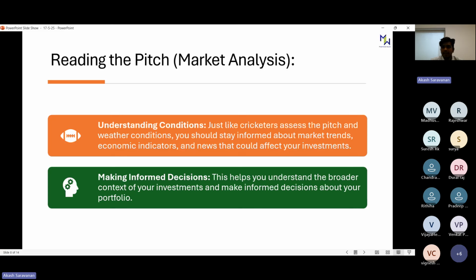Another thing is, mainly, in investment or cricket, you need to do a thorough analysis, like market research, be it reading the pitch. Each and every stadium would generally have an average score, and that is the score the team can generally put on the board.